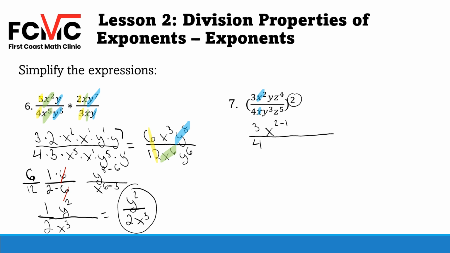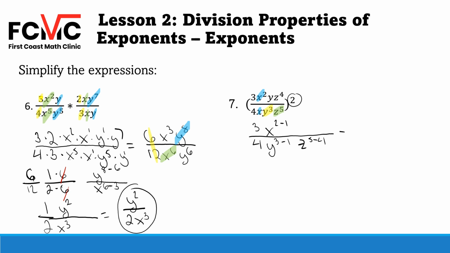The y's, I have y to the 1st over y to the 3rd. Where do I have more y's? That's in my denominator, so it's going to be y to the 3 minus 1. And the z's, well, I have more z's in the denominator. So it's going to be z to the 5 minus 4.